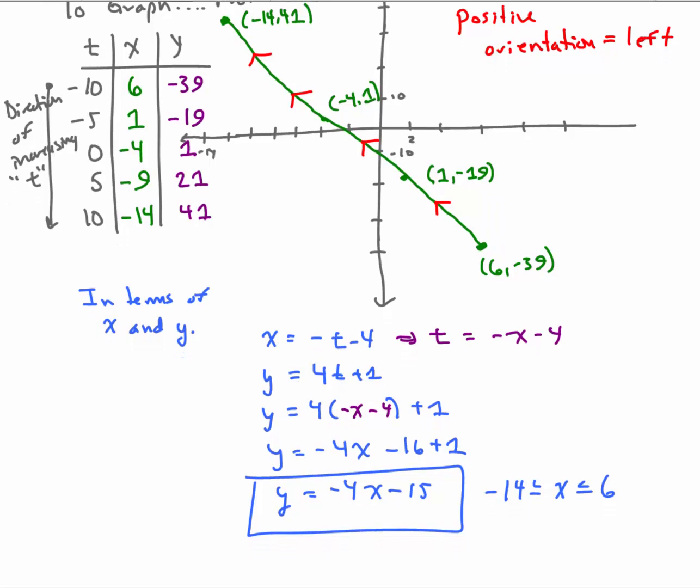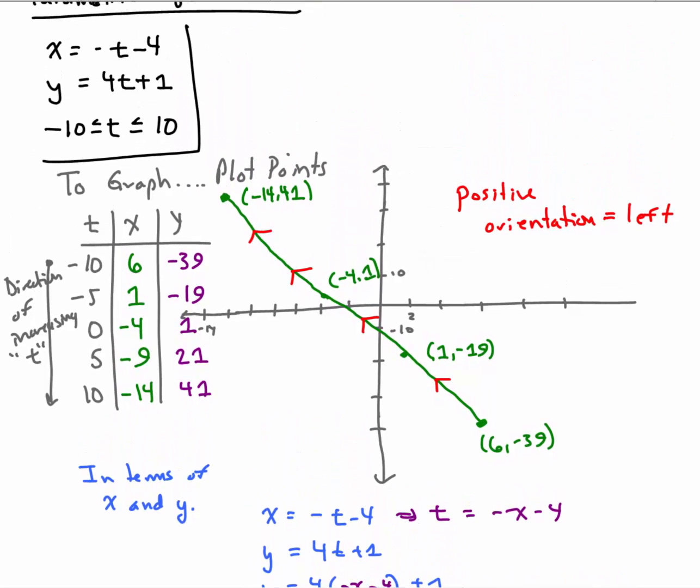I could find the derivative. I could determine dy dx by taking the derivative of my y equation with respect to t over the derivative of my x equation with respect to t.